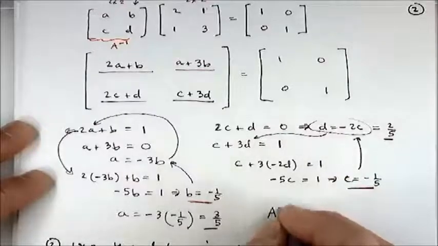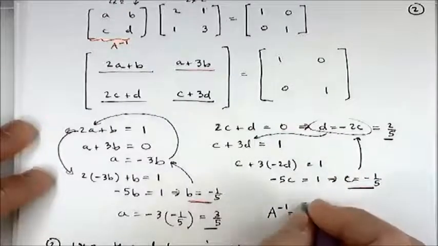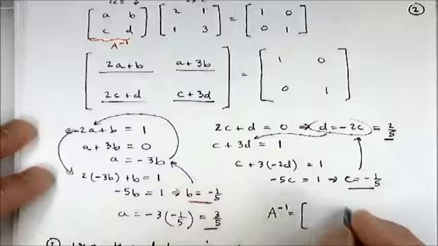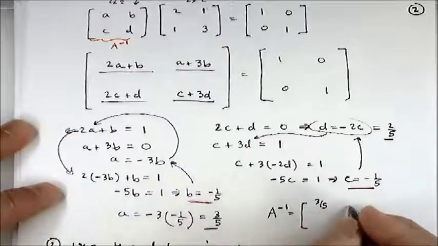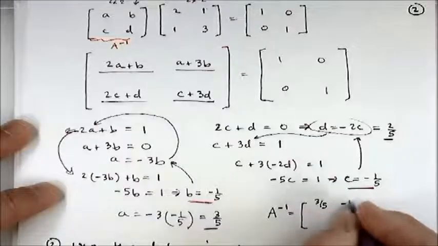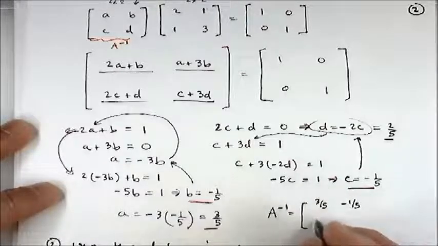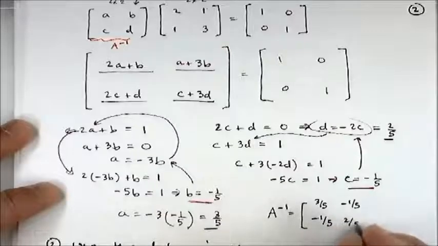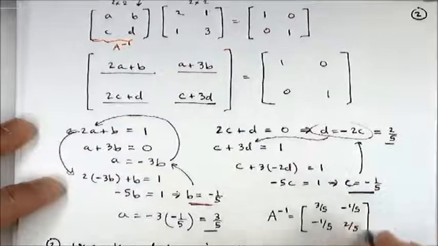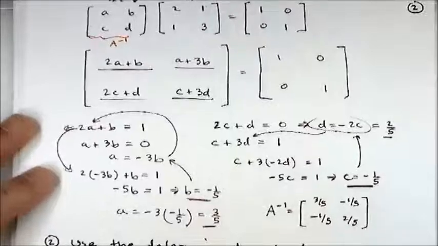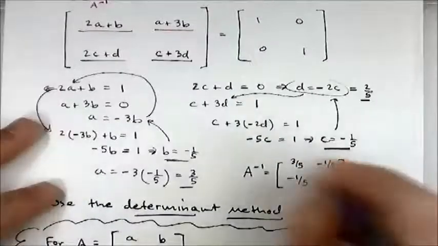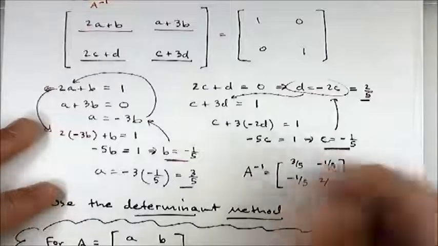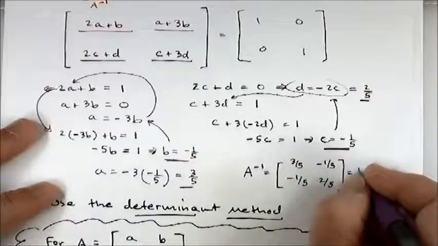So then I have my inverse matrix. Remember how it was A, B, C, D. So it's going to be 3/5, negative 1/5. C is also negative 1/5, and then D is 2/5. And one thing you can do with these, I mean, this looks kind of messy, but do you see that I could pull out a 1/5, couldn't I?